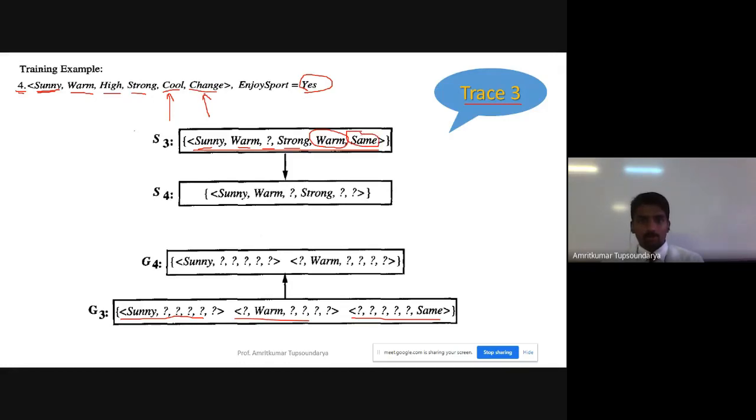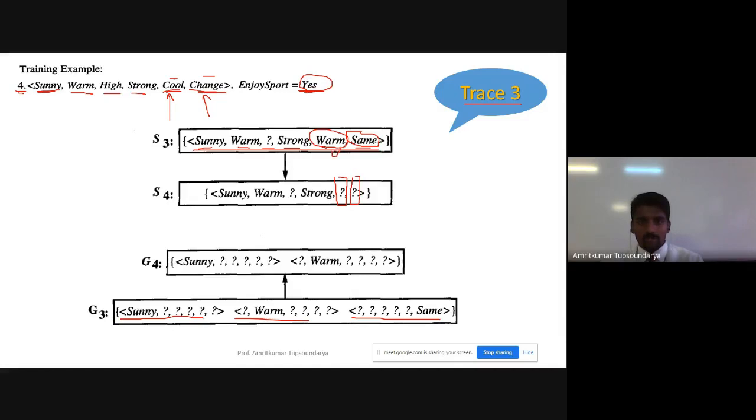So what we are going to do is replace these two. That means we have a positive result for two different values, two new values, right? But the ultimate result is still positive. That means these values are also accepted because they result in a positive value. So at present we had warm and same. These will be replaced with a question mark because any value is accepted, right?